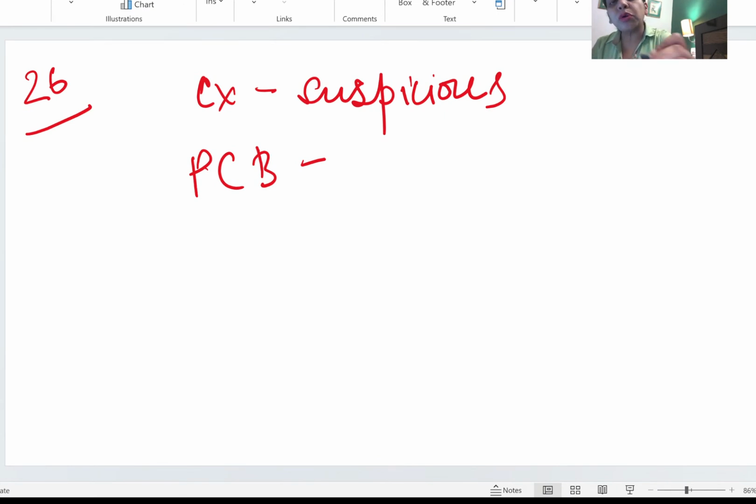Okay, so post-coital bleed and a suspicious cervix on PS, both of these indicate that this is a patient of CA cervix. So we need to do the confirmative test. Pap smear will not be okay. Is it clear, Dr. Anand? So here we have to do a confirmative test.